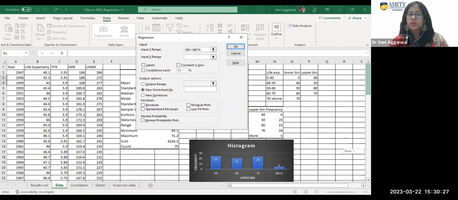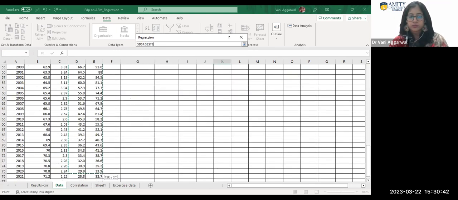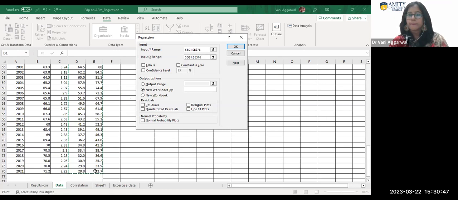You can want one variable, two variables, three variables. Here I am using IMR and under 5 mortality rate for the X range. I am not using total fertility rate. So under X range, I am selecting these two data series. You select Y, you select X.